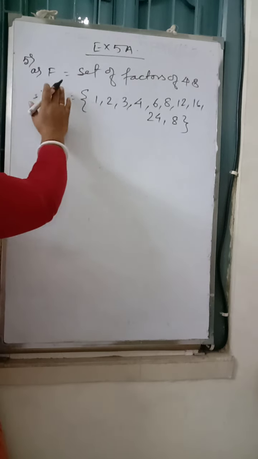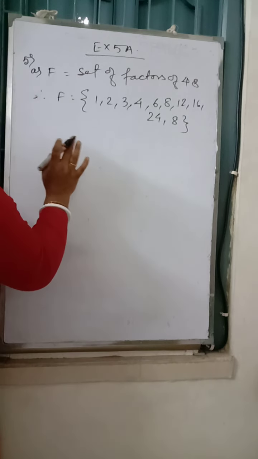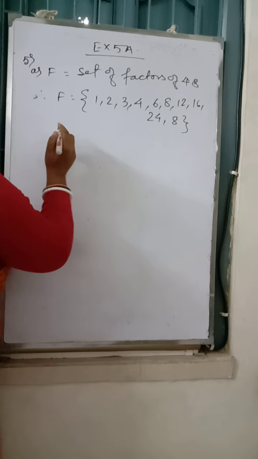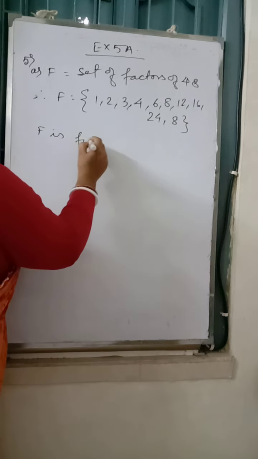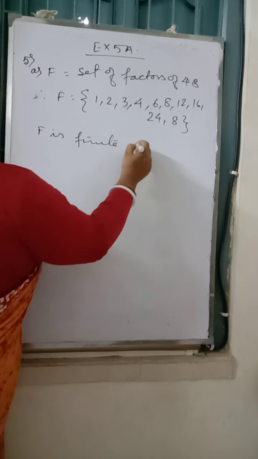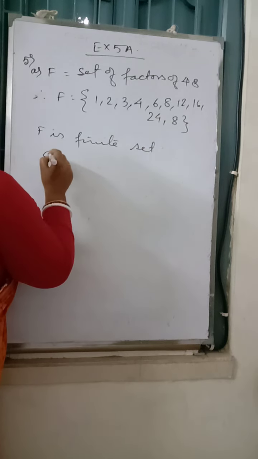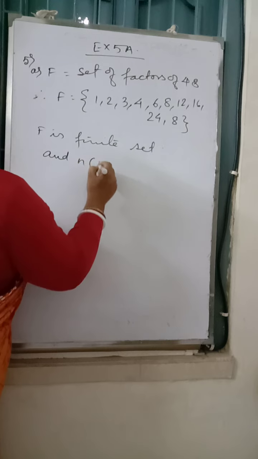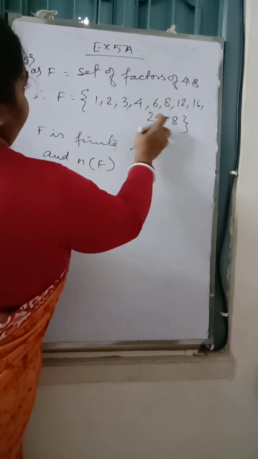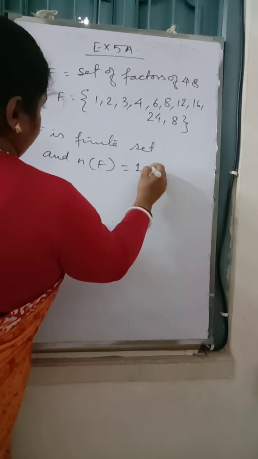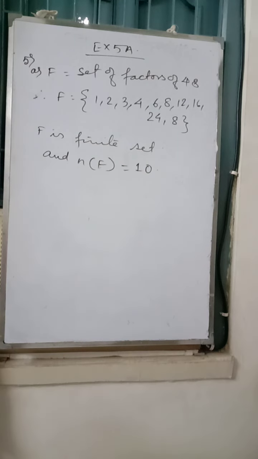We can see the factors are finite. We have limited factors. We can count them. So you write here F is a finite set, and the cardinal number of F is equal to 1, 2, 3, 4, 5, 6, 7, 8, 9, 10. Like this we write the cardinal number.